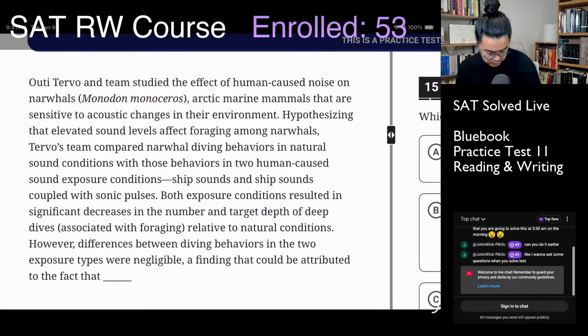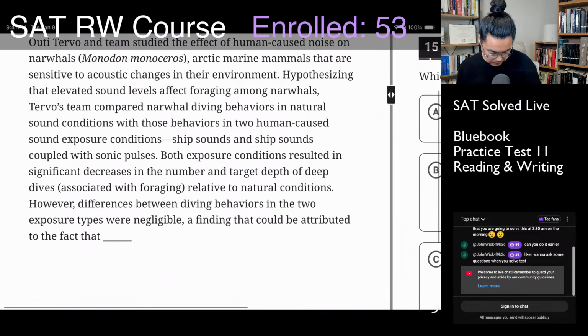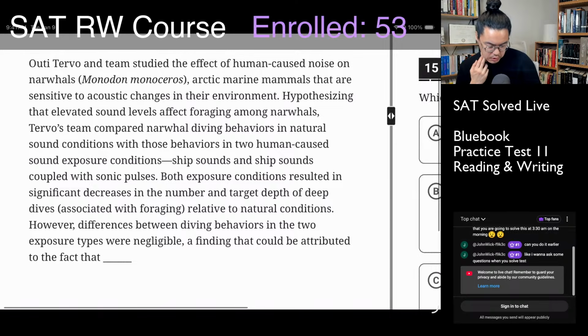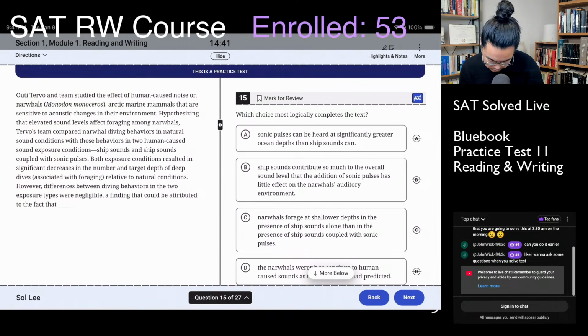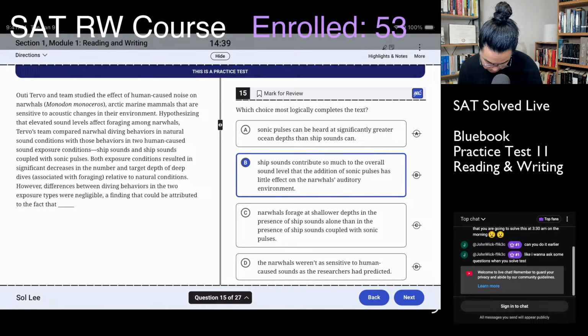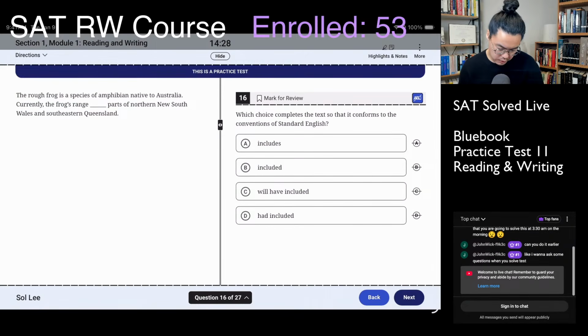Ship sounds, and ship plus sonic. Decrease in diving, which is foraging. However, the fact is that any sound affects it. Or maybe B, yeah. That makes sense.